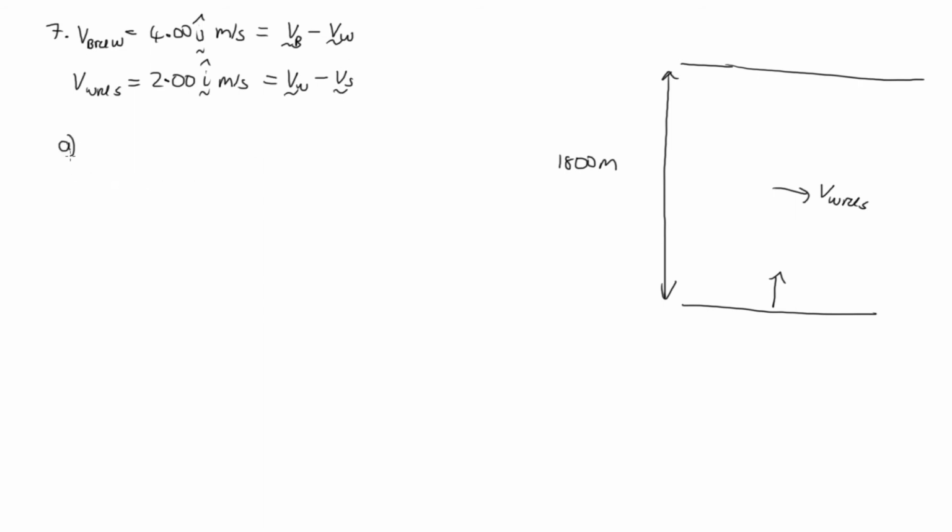Now, in part A of this question, we're asked what is the velocity of the boat relative to the shore, which we know is equal to the velocity of the boat minus the velocity of the shore.